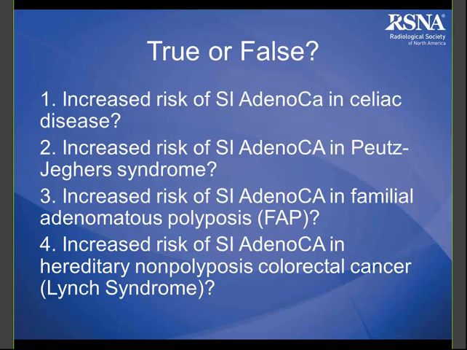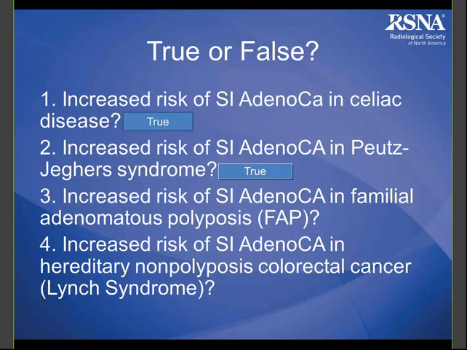Okay, some questions to think about. True or false? Increased risk of small intestinal adeno in celiac disease. If you answered true, you're correct. That's kind of a known possible complication of that. Increased risk of adeno in Peutz-Jeghers syndrome.